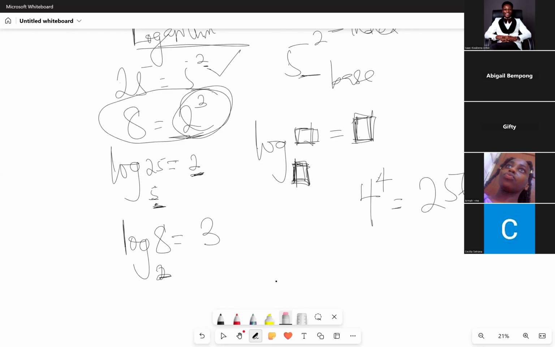I hope changing this will not confuse you. How do you write it in logarithmic form? The base is 4, so 4 goes at the base, and then it's equal to 4. Correct.